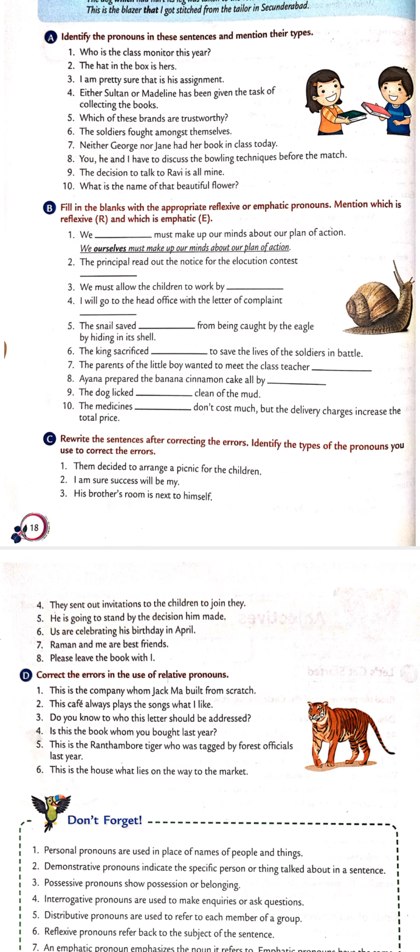Now, students, exercise B. Fill in the blanks with the appropriate reflexive or emphatic pronouns. Mention which is reflexive and which is emphatic. Okay. Now, we ourselves must make up our minds about our plan of action.